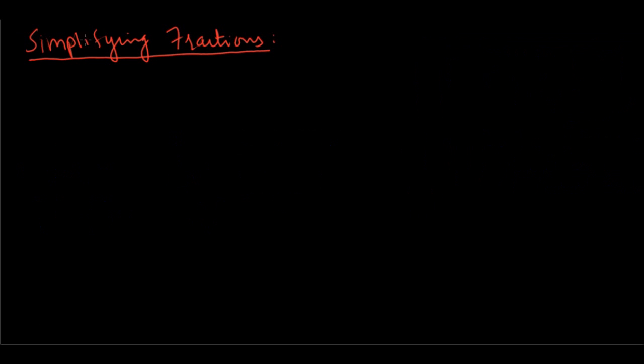Next, we'll look at simplifying fractions. We did this slightly in the examples before, but now let's look at it properly. Let's look at 4 over 8. Another way I can write 4 over 8 is 4 times 1 over 4 times 2.